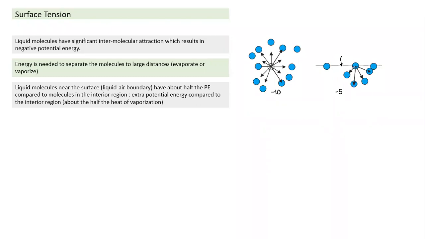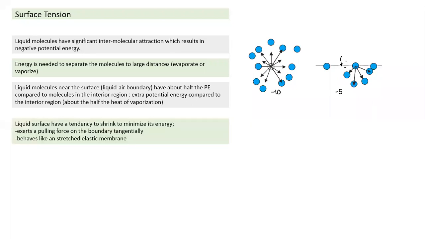Also, whenever there's potential energy and it changes as a molecule moves from here to some other region, it means there has to be some force present. So there's an associated surface tension force as well. Near the surface, molecules possess extra potential energy compared to the interior region. Potential energy increases opposite to the direction of force, so there's some net force also acting here.